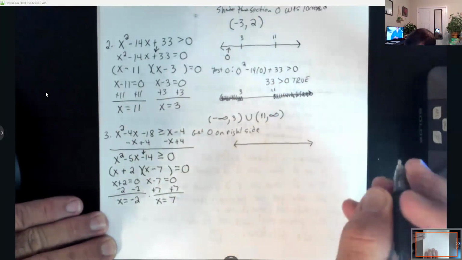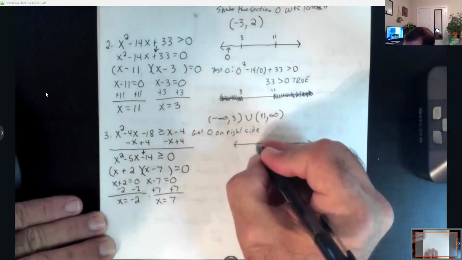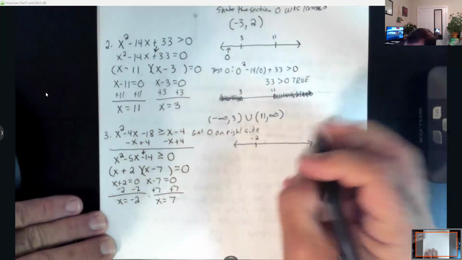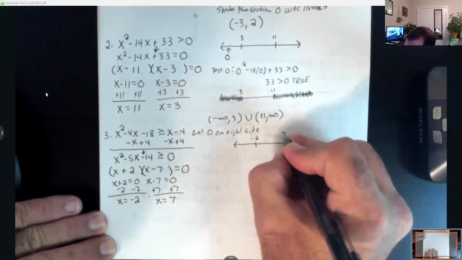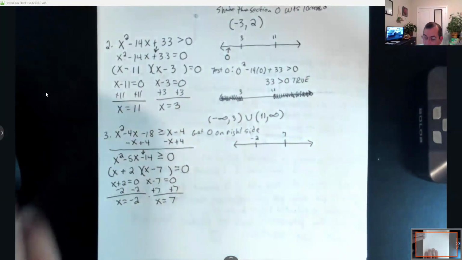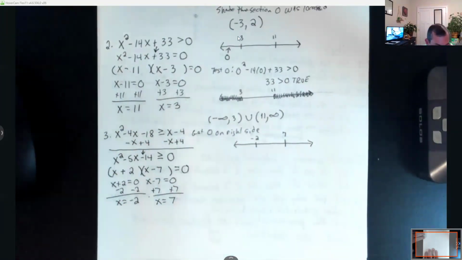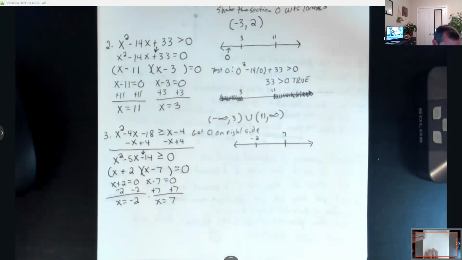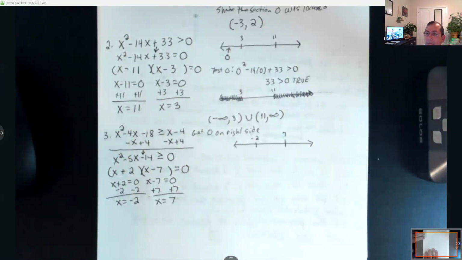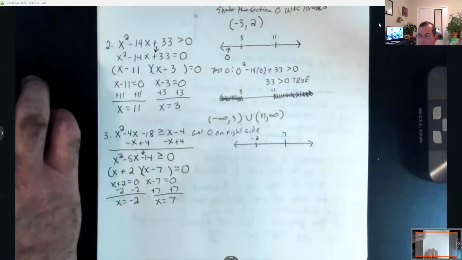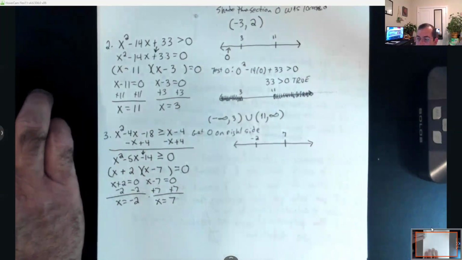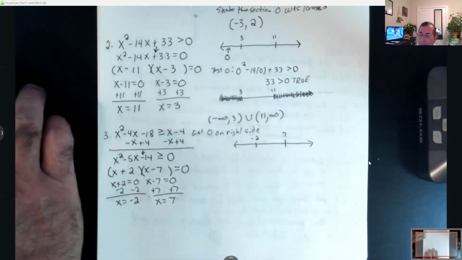We're going to make our number line. So let's see. So negative 2 would be first. And then my 7 would be second. All right, y'all, hang on 1 second. Okay.